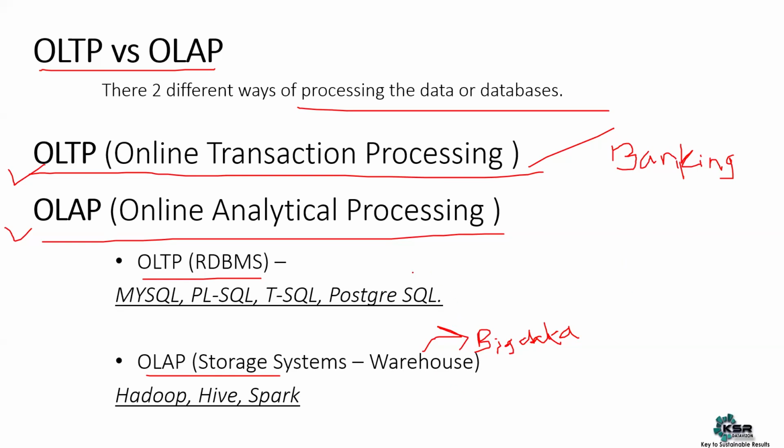So OLAP is nothing but your online analytical processing. What do you mean by analytical processing? In simple terms, whatever history information is there, they analyze that historical information. With that, they give you some notifications and some offers. Those offers are called analytical processing.